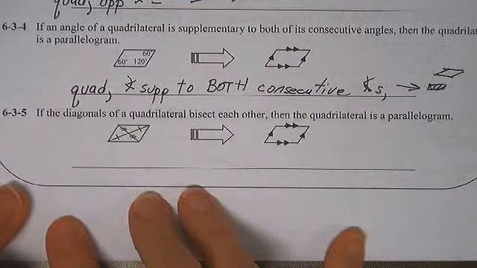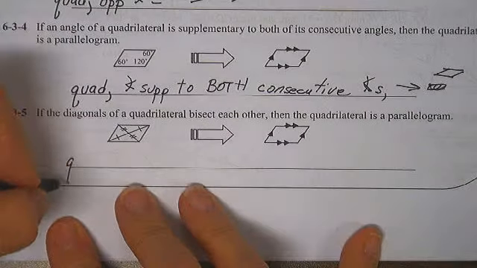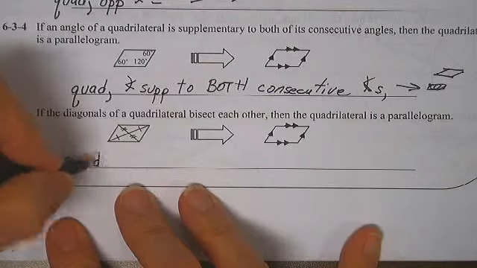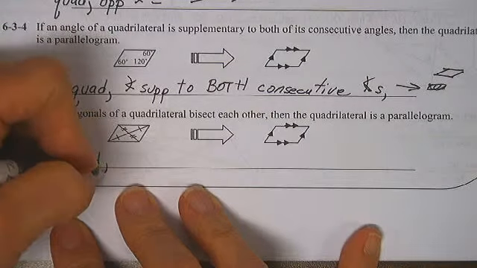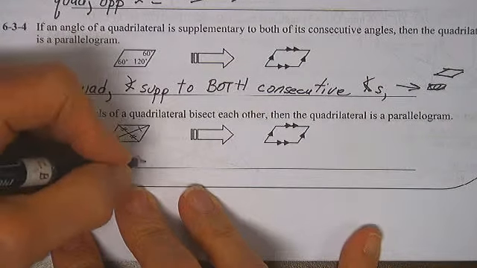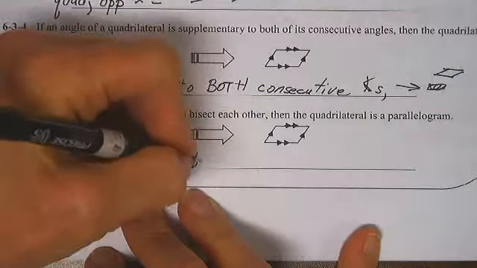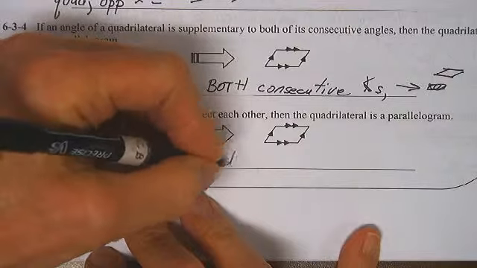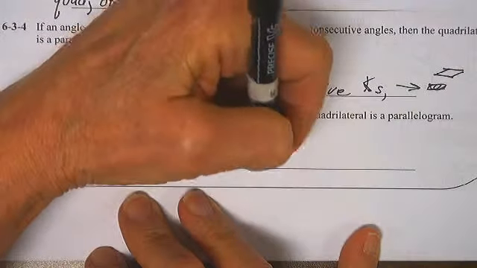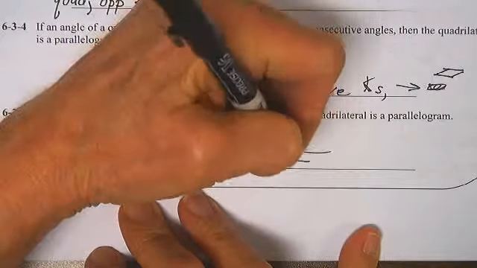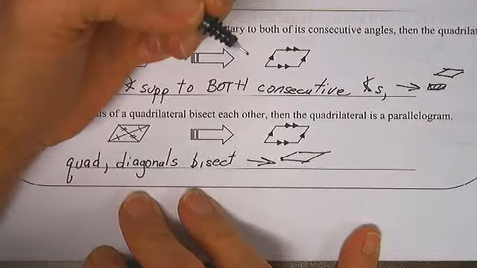And finally, if we have a quadrilateral and the diagonals bisect, then we have a parallelogram.